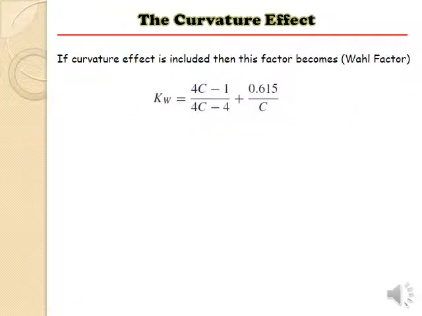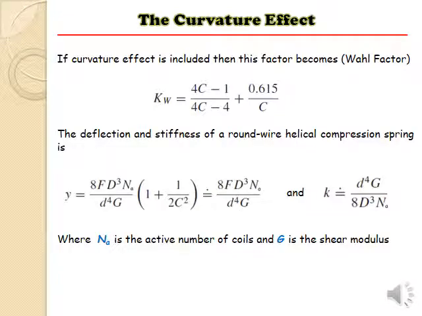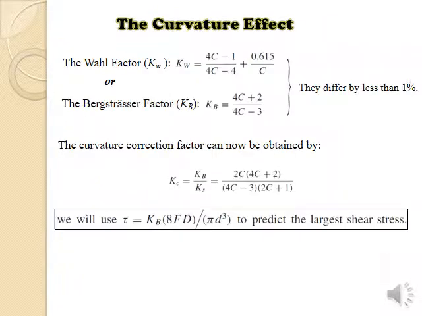We go further, so we have this Wahl factor, but there is another way to determine the curvature effect, and I'm going to talk about this later. Let me skip this one. Next slide, and the other one is called the Bergstrasser factor, and that says the shear correction factor is this. The difference between these two, Wahl factor and Bergstrasser factor, is 1%.